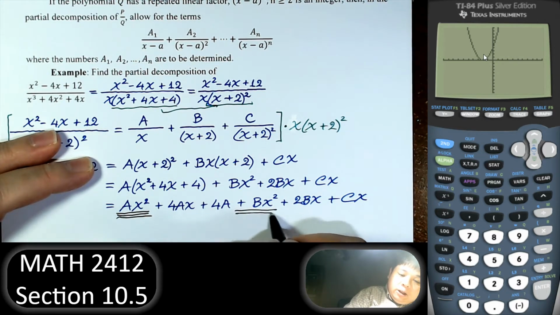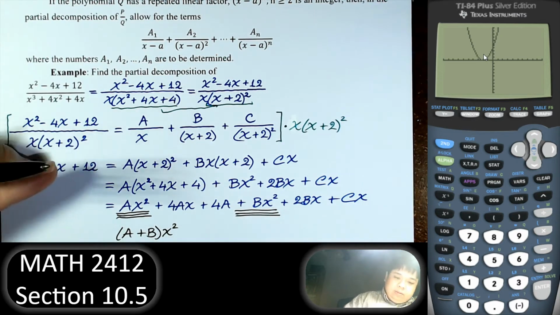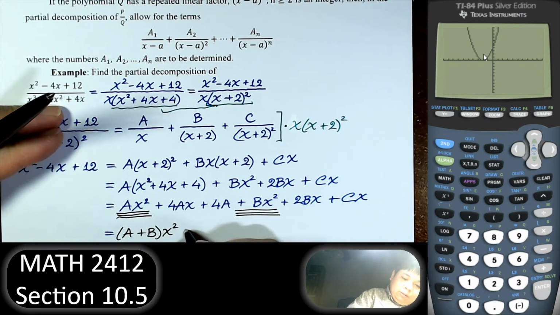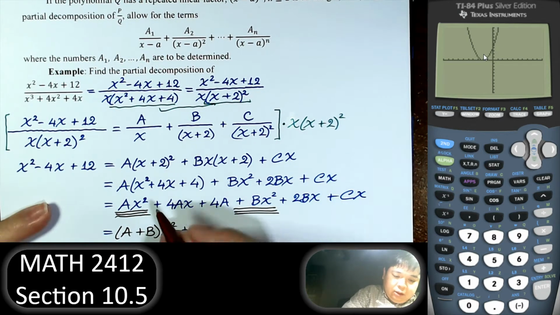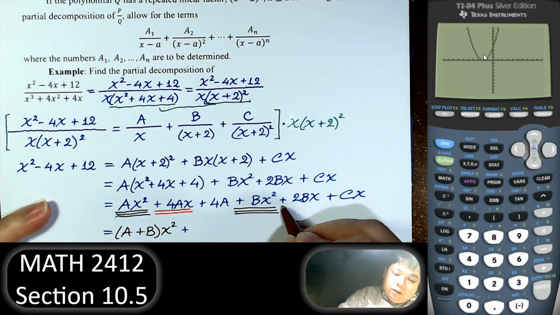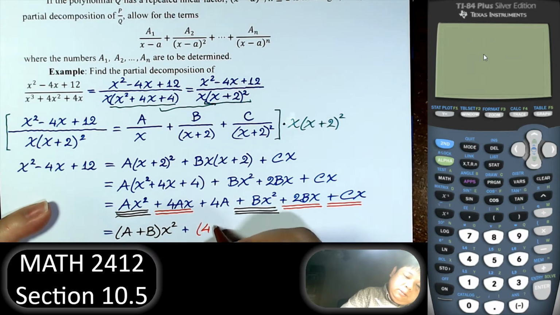Ax squared, Bx squared, a plus b times x squared. For Ax, 2Bx, and Cx, and factor out x.